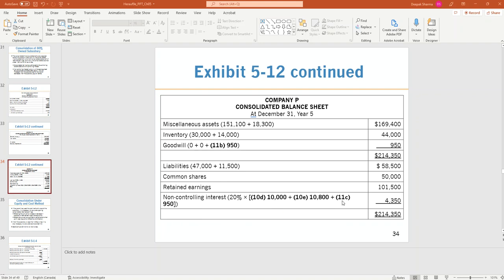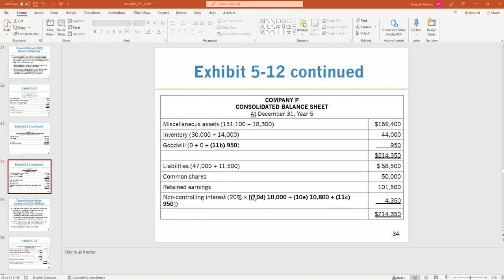Then you look at exhibit 11C, which shows what the acquisition differential balance is on December 31st, year 5. You add all those numbers because that is your value for the subsidiary, including what's on the subsidiary's books and what's on the working paper as a value for the acquisition after you realize all the other accounts.